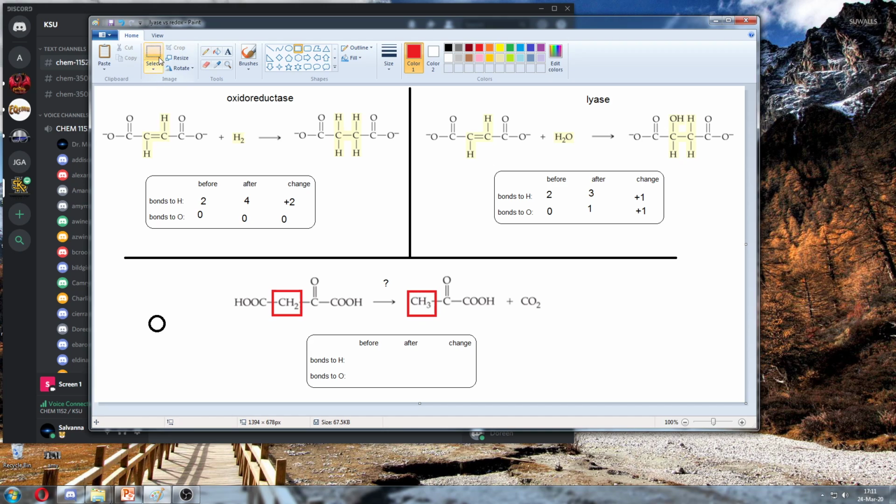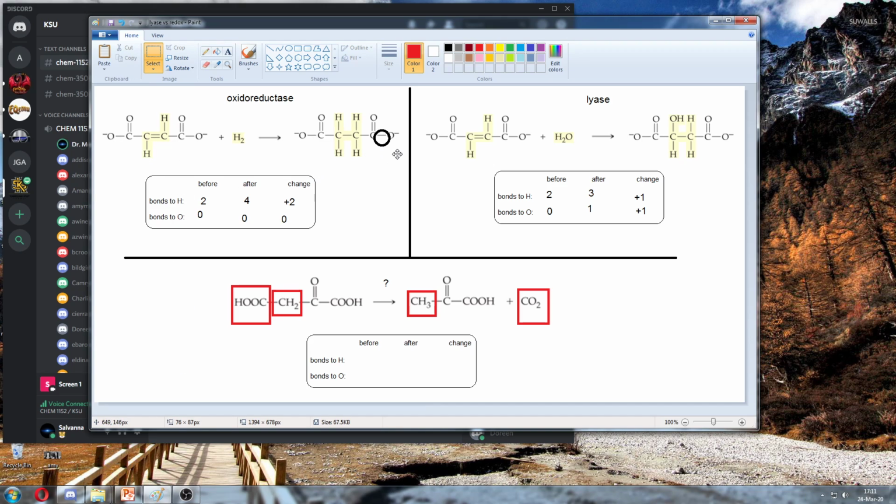Right? We also need to consider this carbon. It was attached to this one before, and now it's freed as CO2. So that one also changed. So we'll put a box around that one as well. Right? So this carbon also changed. And it's over here now. So we don't have to consider those. We'll ignore the other 2, just like in the previous examples.